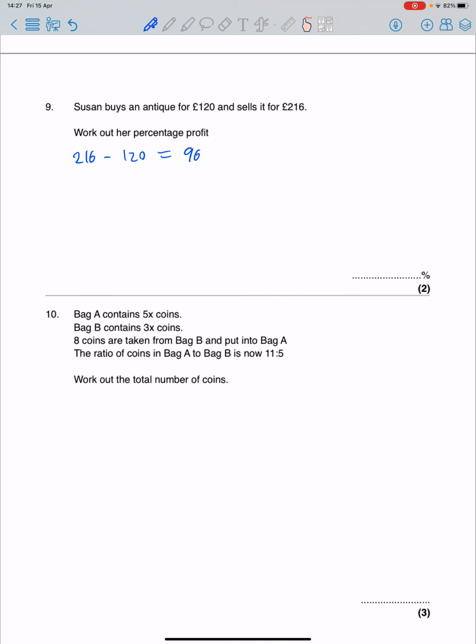So we do the profit over 120. That's the original amount. And actually, we can just do that result times by 100. So overall, it's a percentage profit.